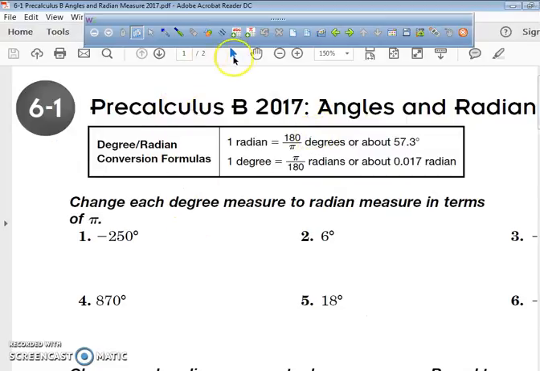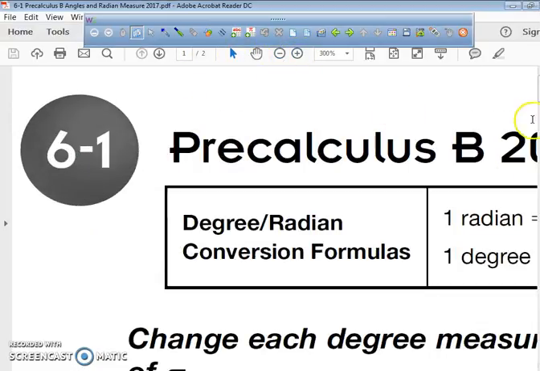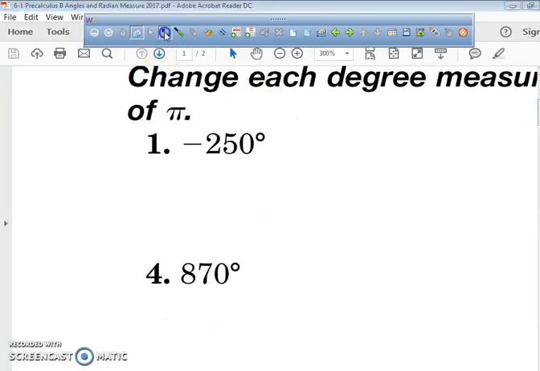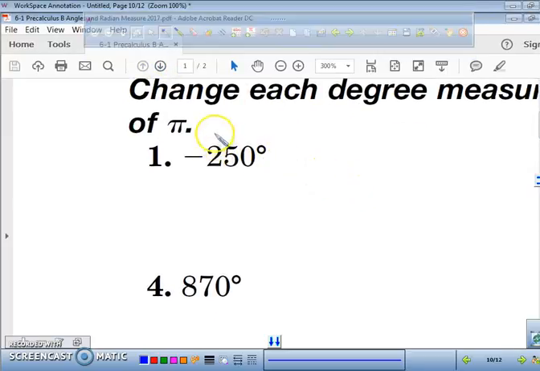Problem number 1 says we want to go from negative 250 degrees to radians. All you have to do, if you have the amount of degrees, is take this number and multiply it by pi over 180 degrees. And that will give you your answer in radians.